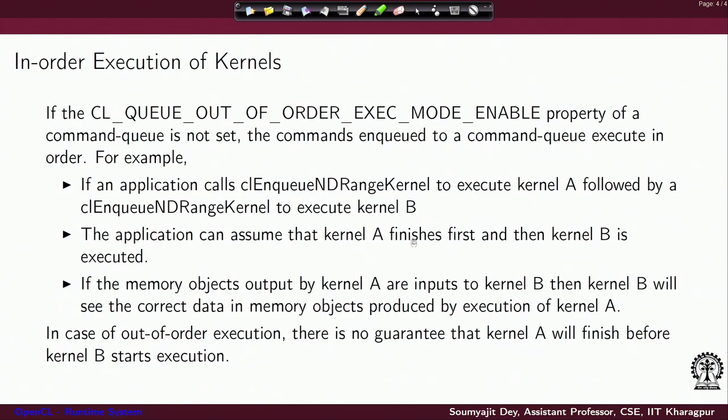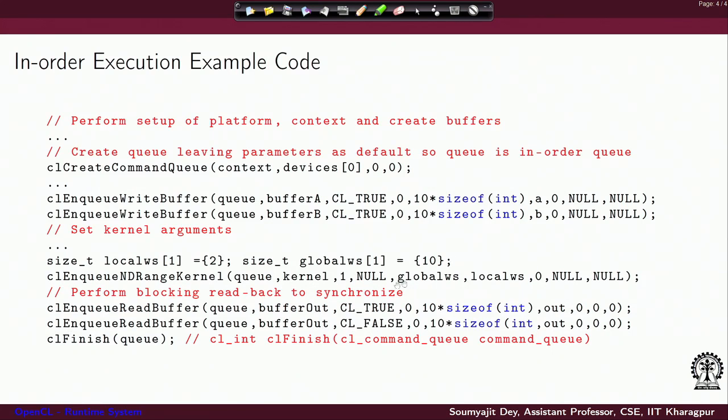The application can assume that kernel A finishes first and then kernel B is executing, just as we have discussed, and the memory objects which are output by kernel A are inputs to B, and then B will see the correct data in objects produced by the execution of A. So if I want a normal in-order execution, after A has finished, let's say I am having a blocking read, and then if required I will again do a blocking write. In that way I can synchronize to the host program. Here I am performing a blocking read back to synchronize from the buffer outs.